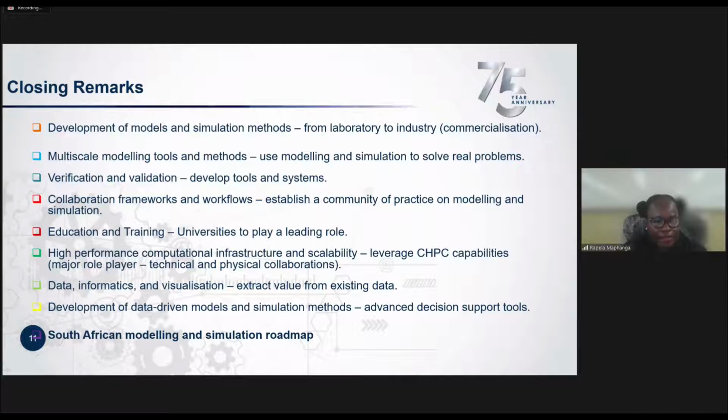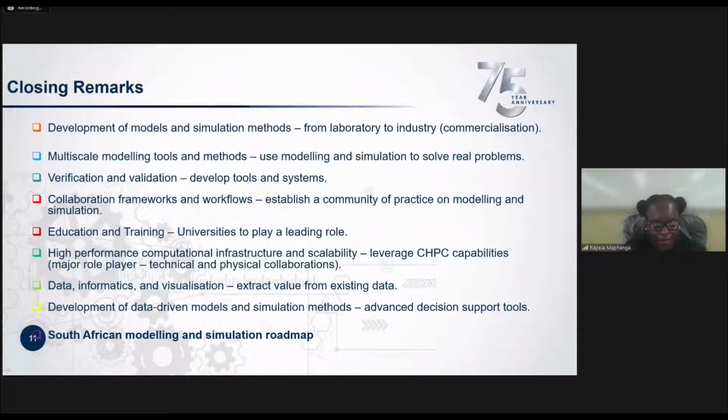And in terms of education and training, it is expected that the universities will play a leading role, particularly on developing modules and courses to train a modeling and simulation workforce. And in terms of high performance computational infrastructure and scalability, we could leverage on HPC capabilities.